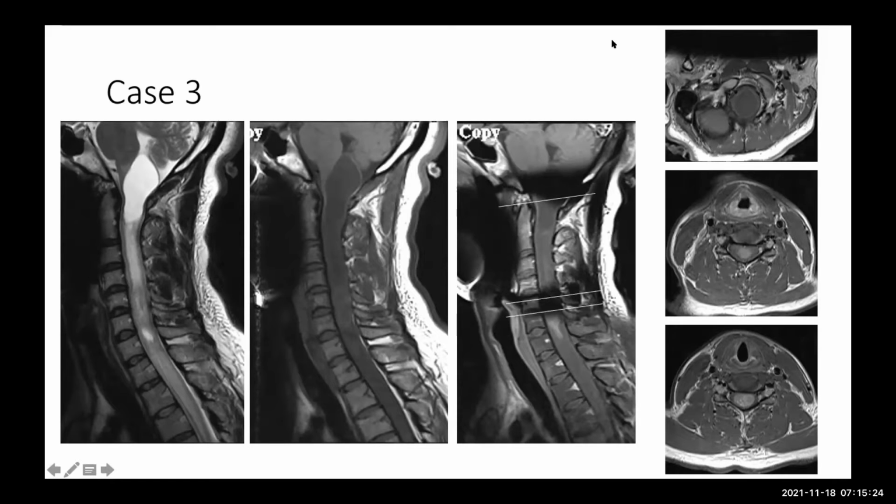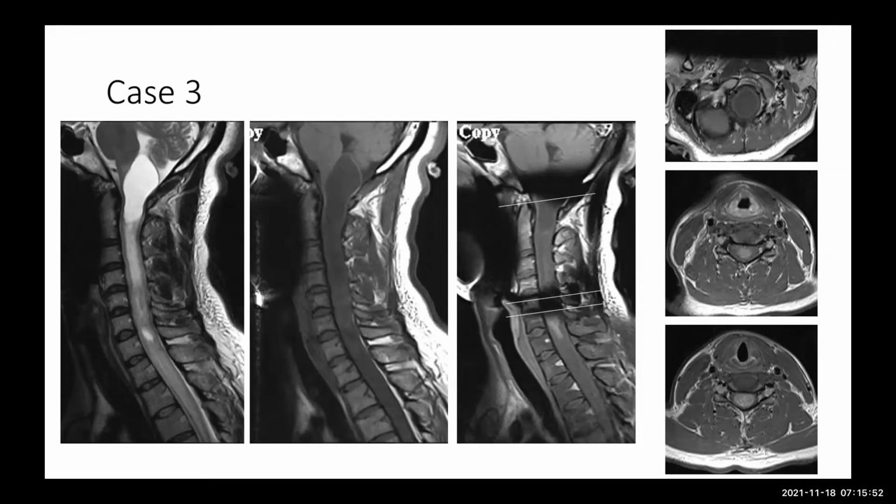I would think that it's a cyst more than a syrinx. I would say the syrinx is more towards the first image on the T2, with more of a signal change. I'm not really sure what it is.